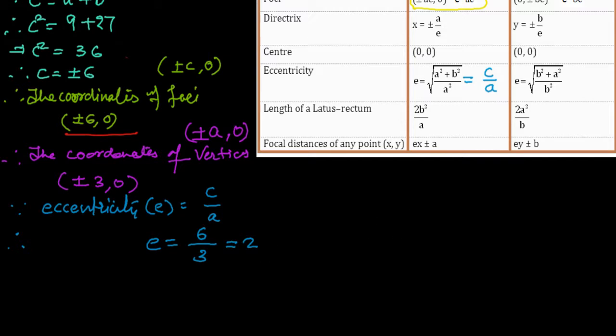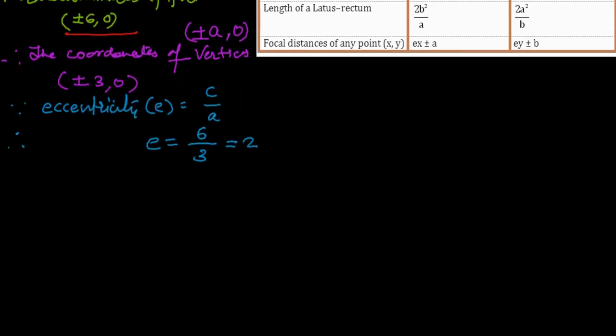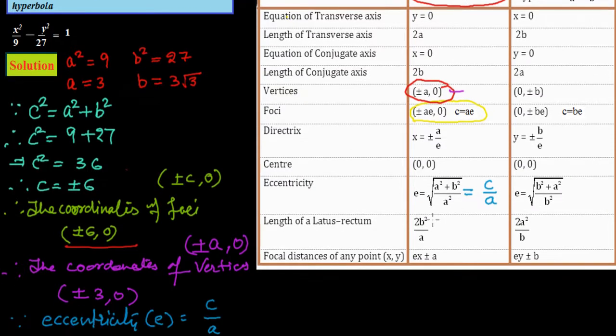Now we see the next thing we have to find out: the length of latus rectum. The length of latus rectum of a hyperbola is equal to, as I explained, 2b square upon a.